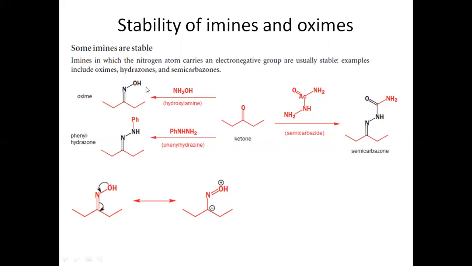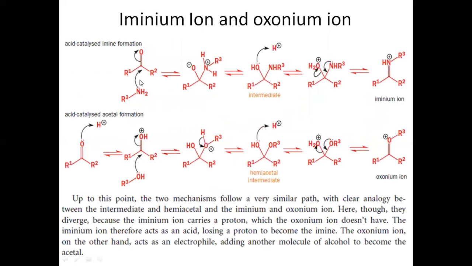If you see here oximes, hydrazones, and semicarbazones, all of them have this C double bond N further attached to an electronegative unit, and thus they are considered comparatively stable. This is in comparison with your earlier structure, where if you remember I had written R3. So in comparison to that, each of these is comparatively stable.